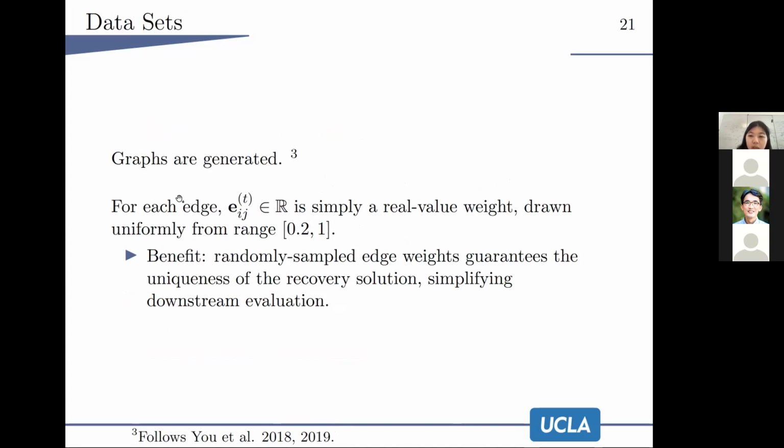And for each edge in those graphs, they make the edge feature just a real-valued weight drawn uniformly from this range. The benefit of this decision, they claimed, is that because the edges have randomly sampled weights, some of the solutions become unique, and the downstream evaluation becomes easier.